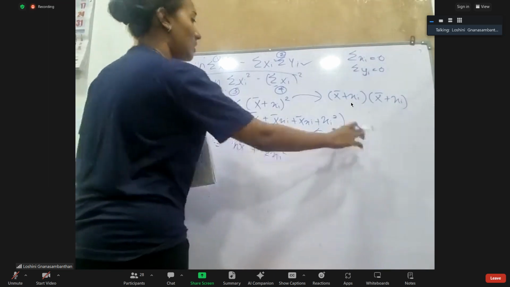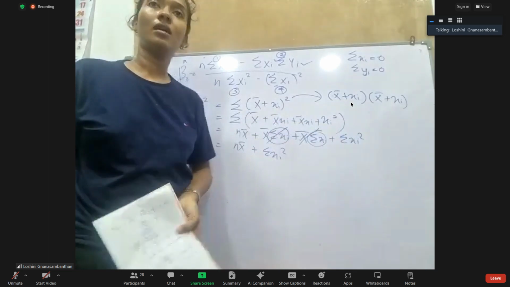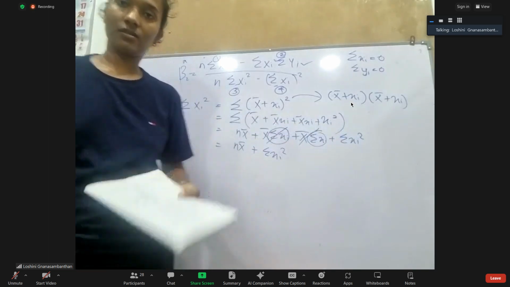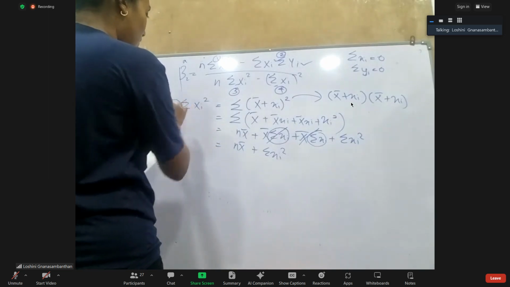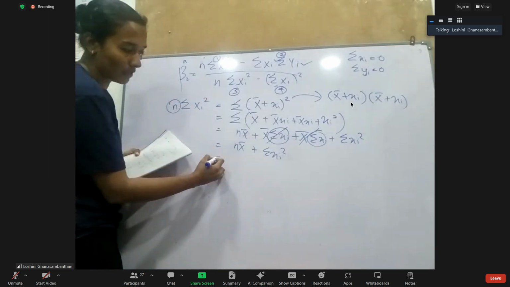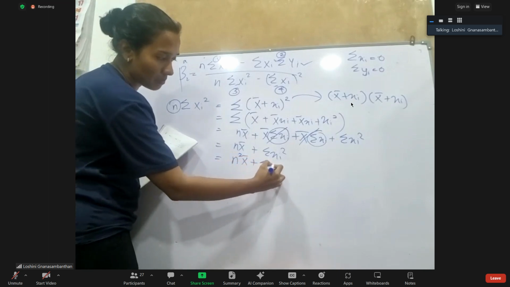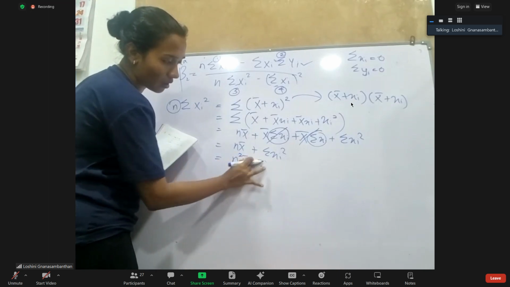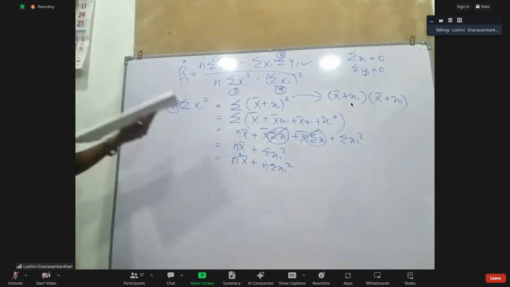Now this is not 0, okay, because even if it has minus values, when squaring it will be positive. Yeah, only positives, right? So this one, don't forget the n that we did earlier. So n square x bar plus n sigma xi square.